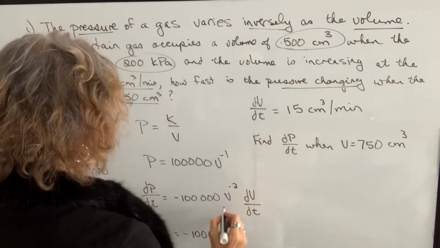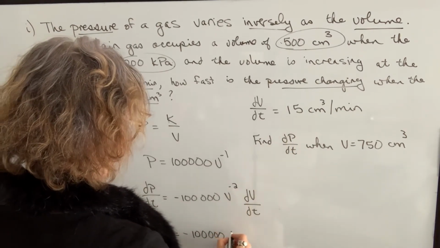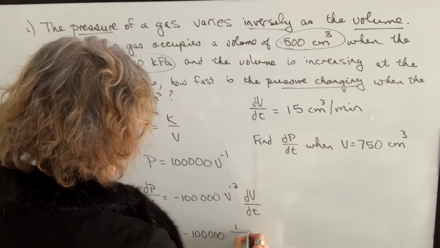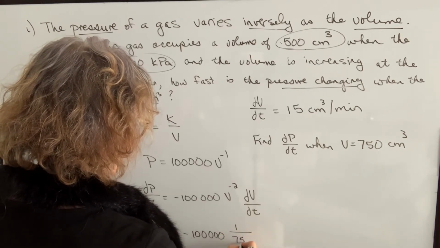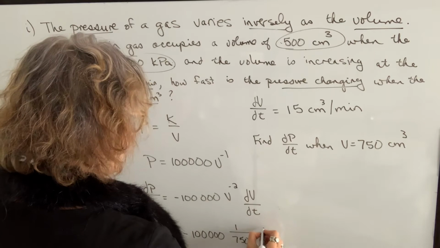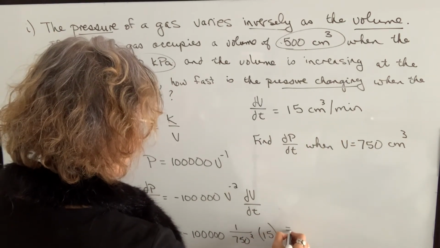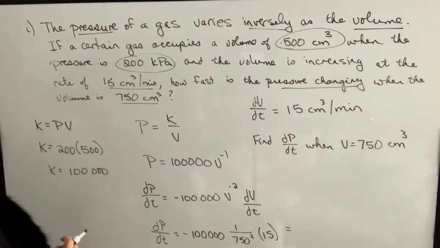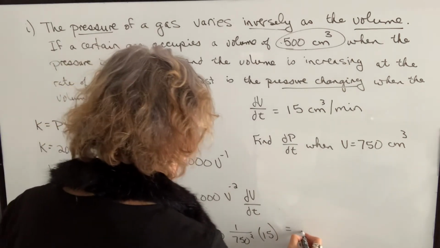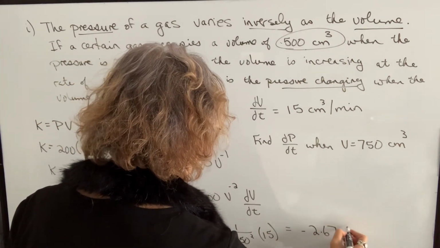So the volume is 750, V to the negative 2, so that would be like 1 over V squared, so 1 over 750 squared, times dV/dt, which is 15. And when I multiply all of that, I get a value of negative 2.67.